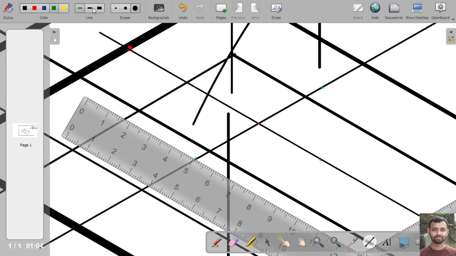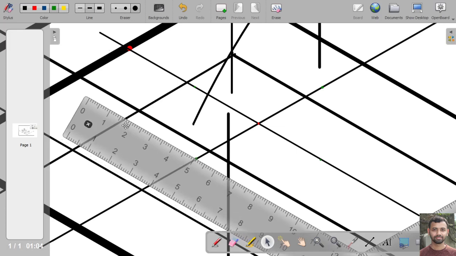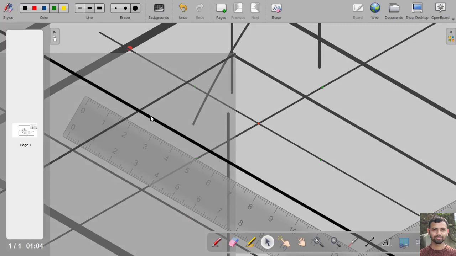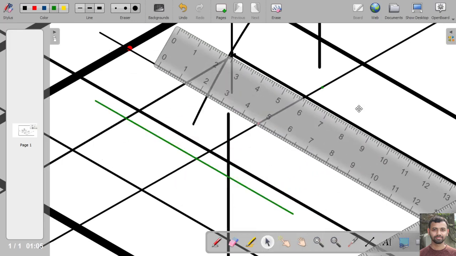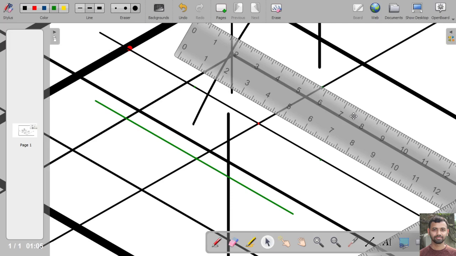So I am using green color to draw the rhombus. Okay. Similarly, it will be drawn over here also.